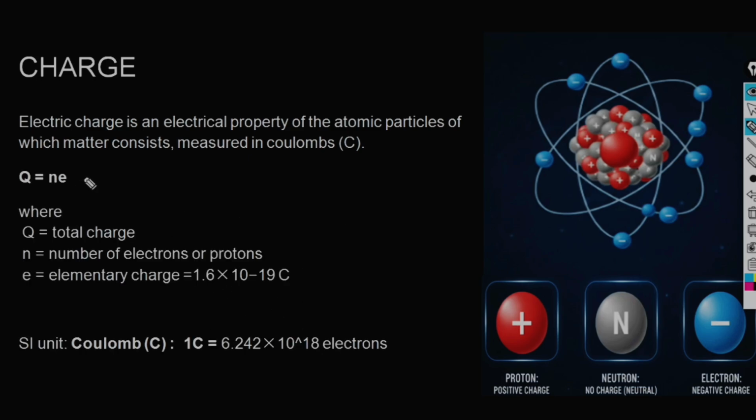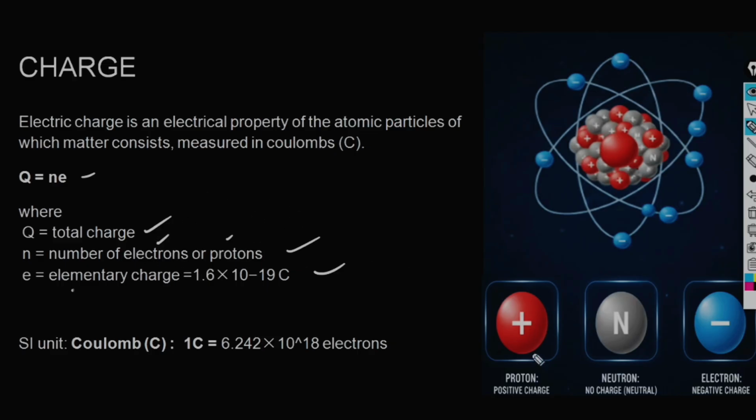other. Now we can see this particular formula Q equal to NE. Whenever you need to find the total amount of charge, you have to just multiply the number of electrons or protons with the charge associated with one electron or one proton.